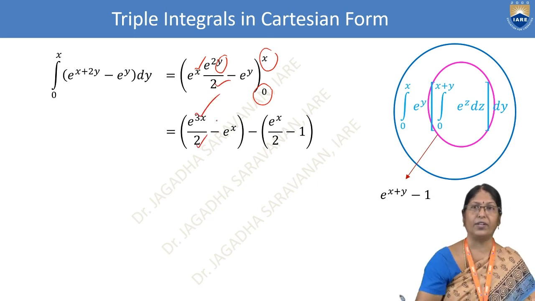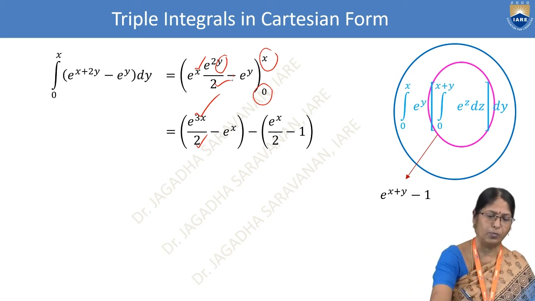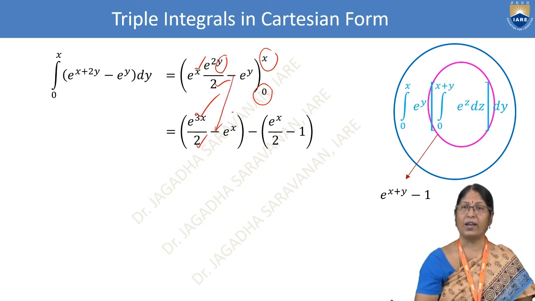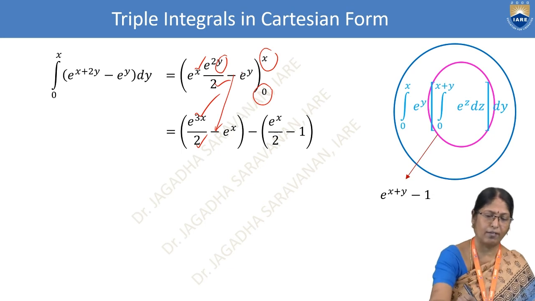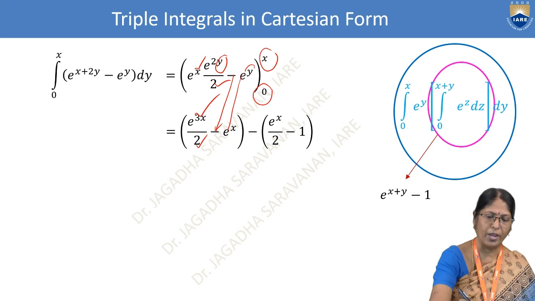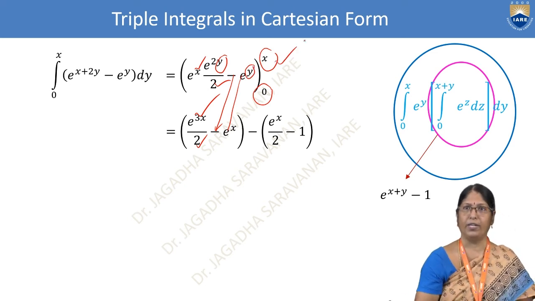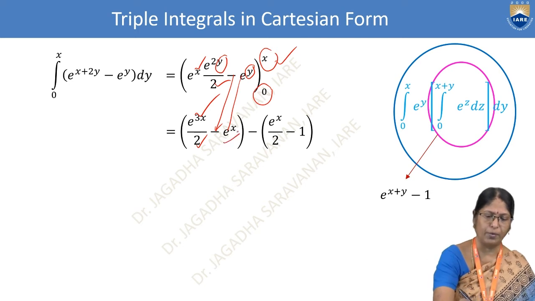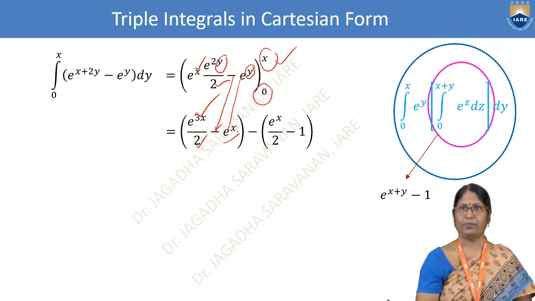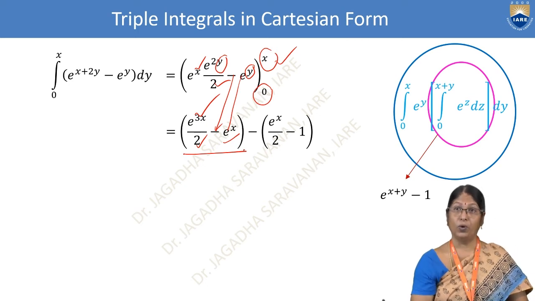This 2 is as it is, e^(3x)/2. And this minus sign is copied as it is, the minus sign related to the problem. And e^(y+x) we substituted, that is our upper limit. It has become e^x. So the upper limit work is completed.